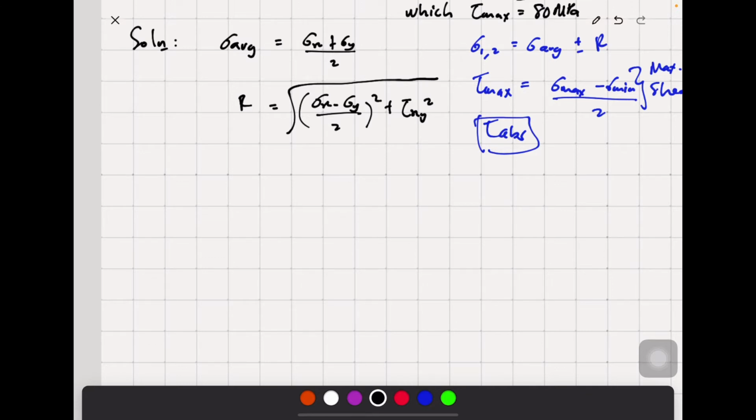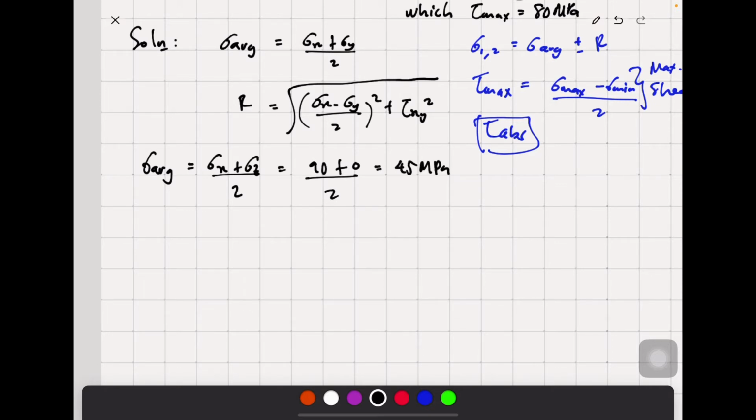First of all, I'm going to calculate sigma average for this system. Sigma average is equal to sigma x plus sigma z, because that is the one that we are given, divided by 2. By using these values, you have 90 plus 0 over 2, right? I got 45 megapascal over here.